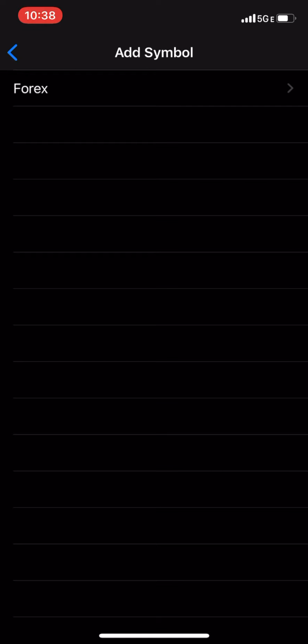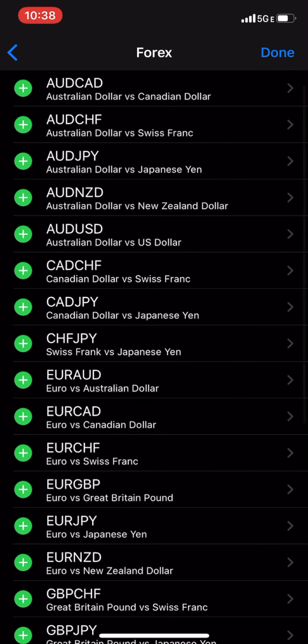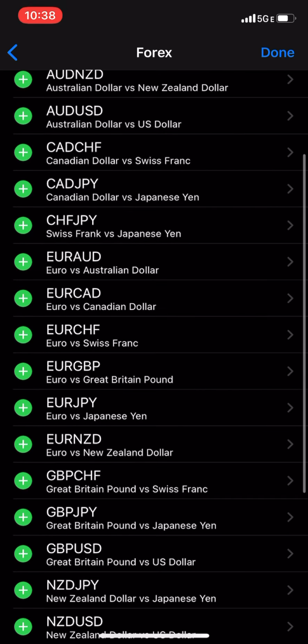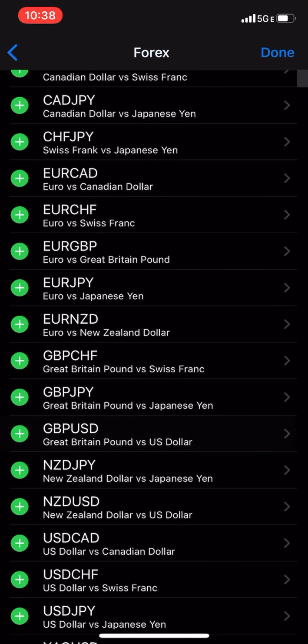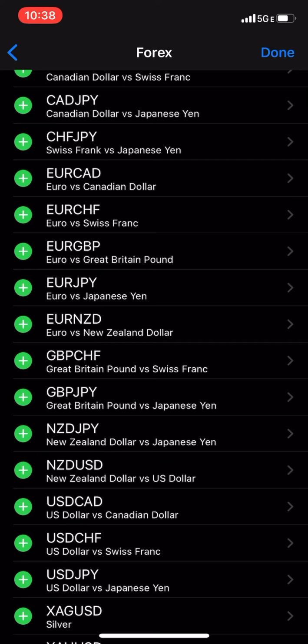You may see cryptocurrencies, you may see stocks, you may see metals like gold and silver. But if you wanted to add something, you're going to click on the various plus buttons, and it's going to allow you to see more currency pairs in your list.